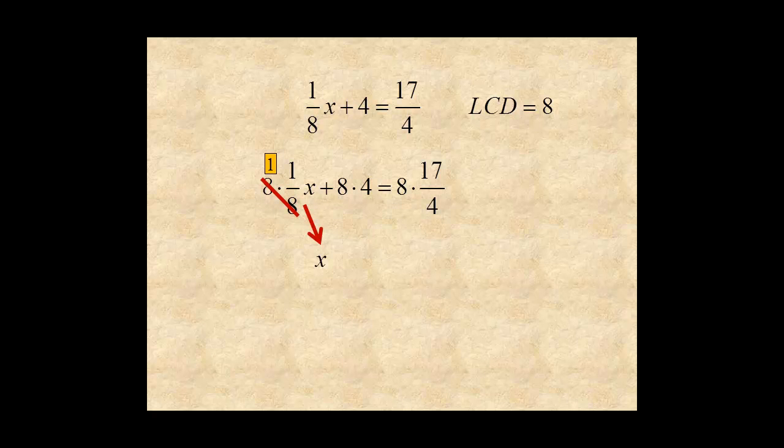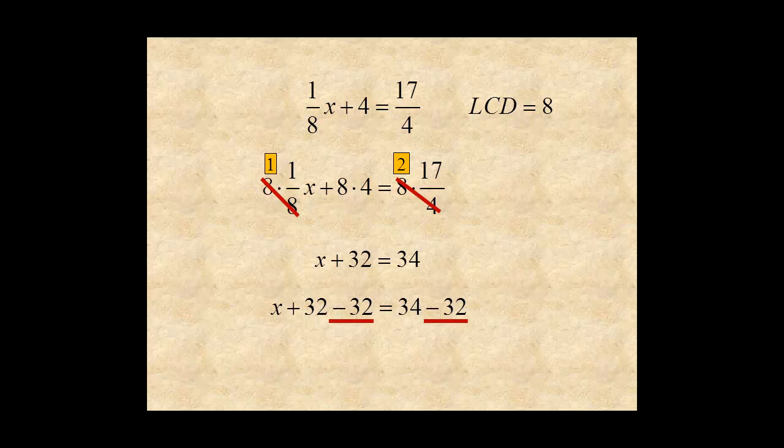For the second term, 8 times 4 is 32. On the right side of the equation, 8 divided by 4 is 2, and 2 times 17 is 34. Then subtract 32 from both sides of the equation. For the solution, x equals 2. Be sure to always check the solution.